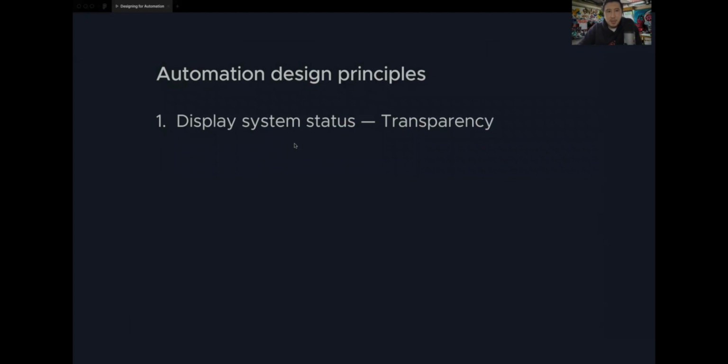The second principle is also one of the most important principles: support human-computer collaboration.